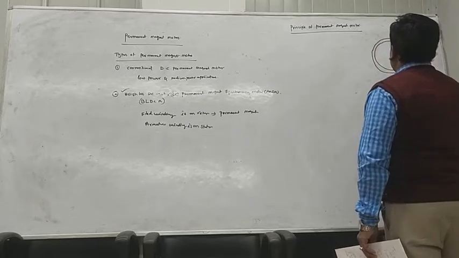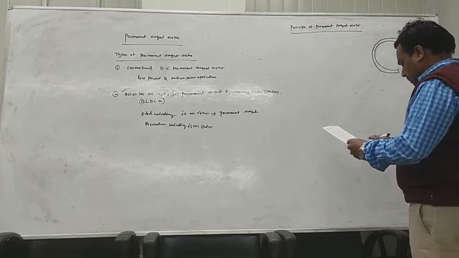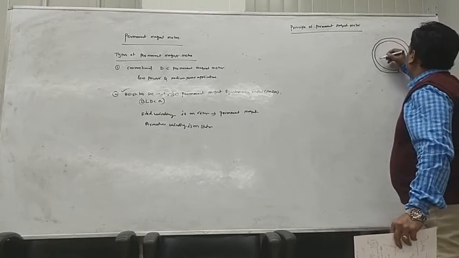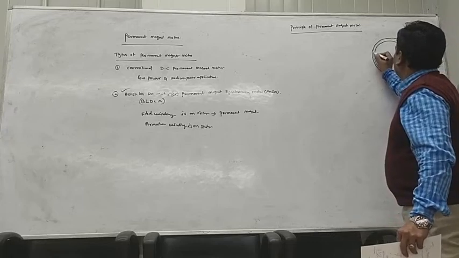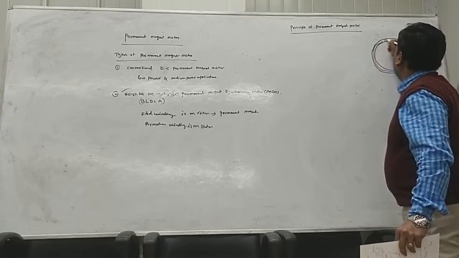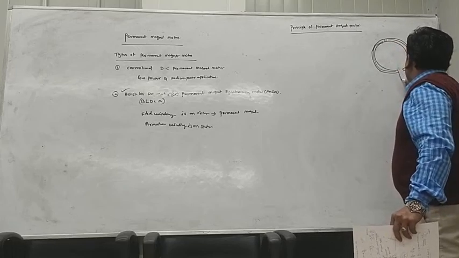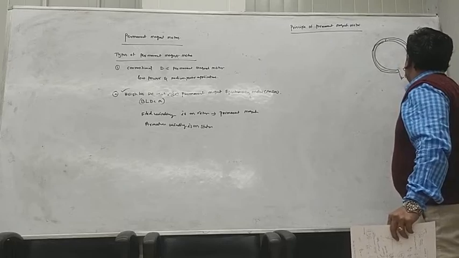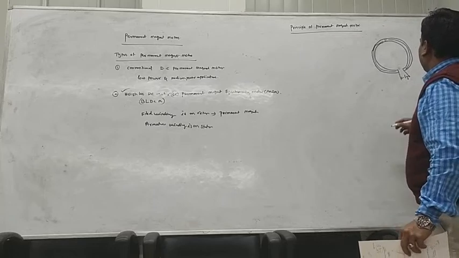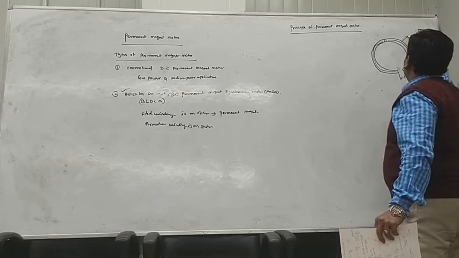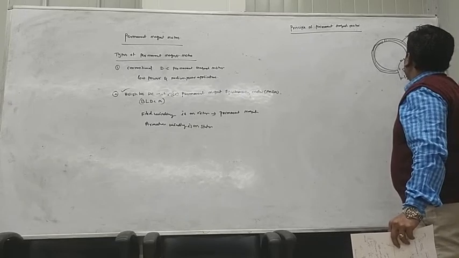This is a permanent magnet, and this is the total length. The length of the iron, the permanent magnet, is Li, and this is the air gap, with length of air gap Lg. This is the permanent magnetic material core, and this part is the air gap.